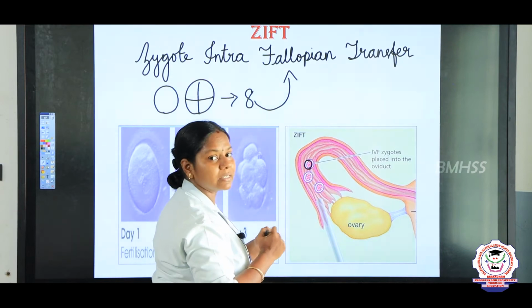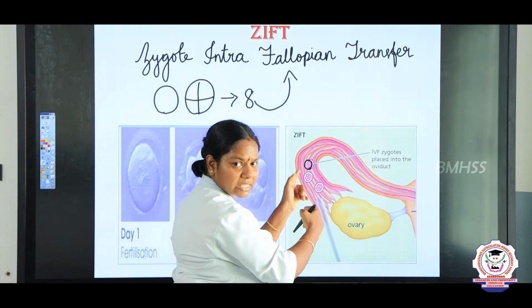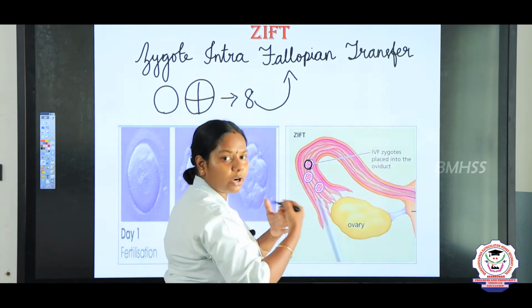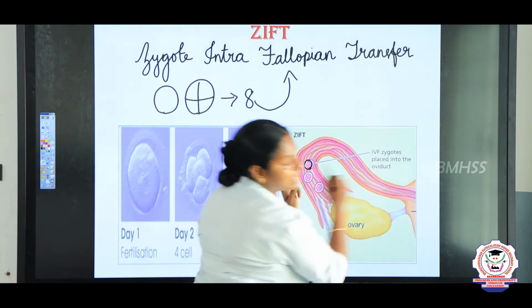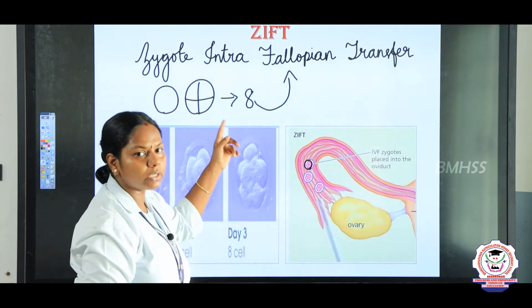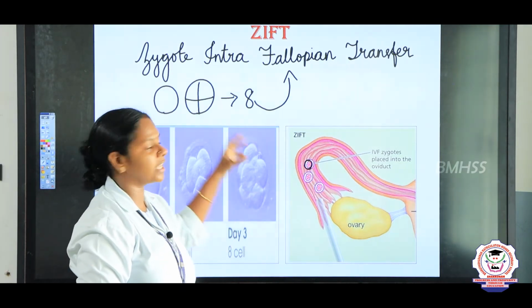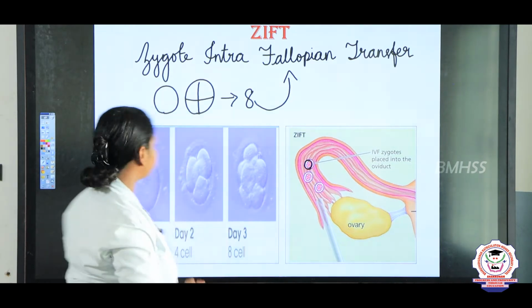Now what happens after the ZIFT? The zygote at the 8-cell stage starts dividing automatically, reaches the uterus and gets implanted. So this is the ZIFT, zygote intra-fallopian transfer. They are transferring the zygote inside the fallopian tube.